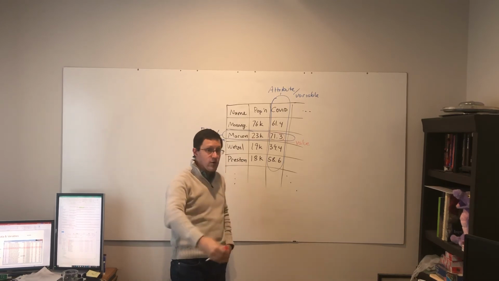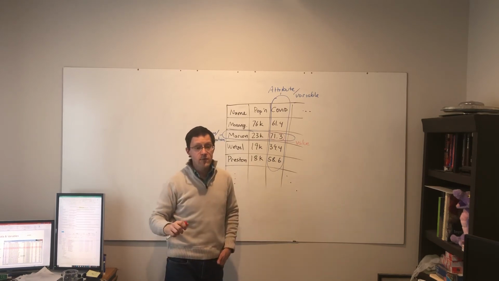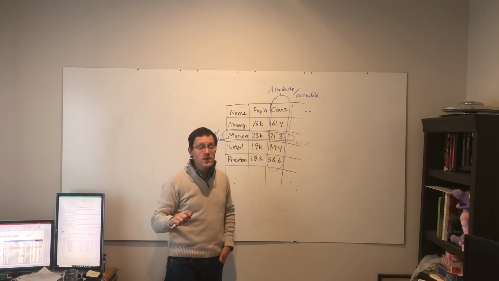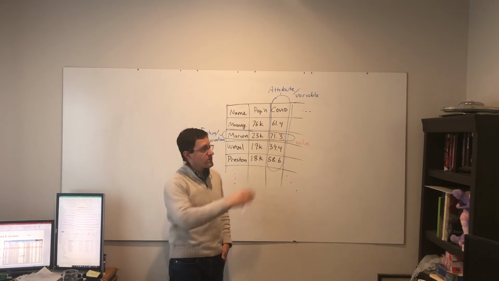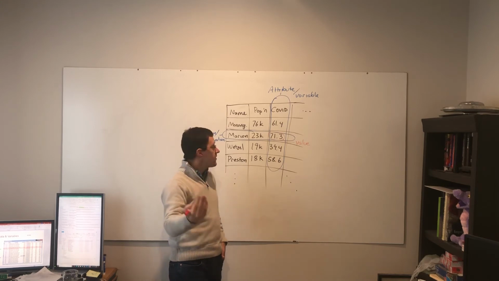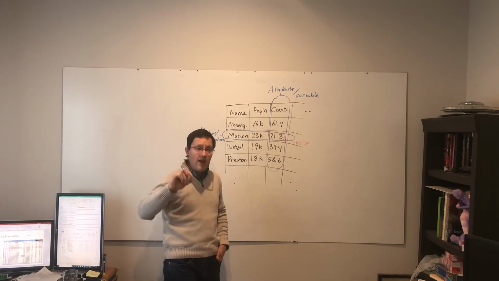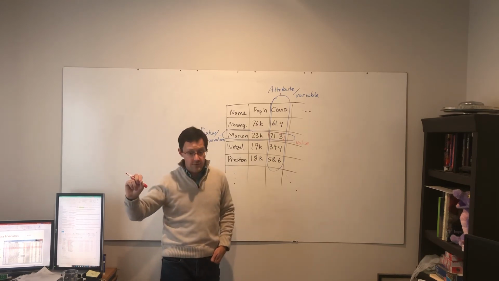So the value of, as I said, this isn't from the state official records, the value per this table of the COVID rate for Marion County would be 71.3 cases per 100,000 people. That is the specific value.